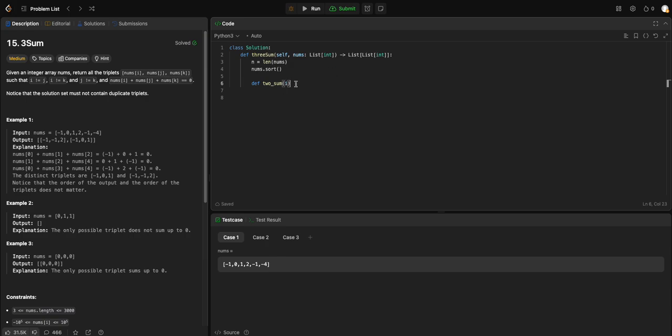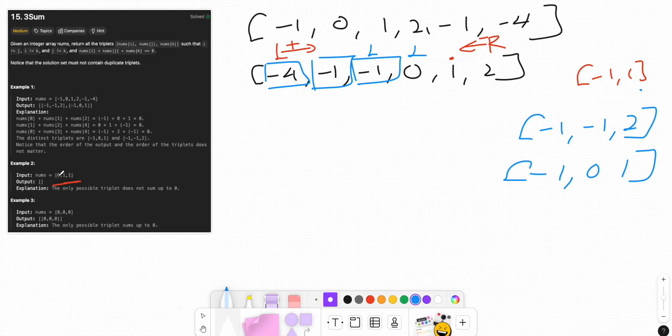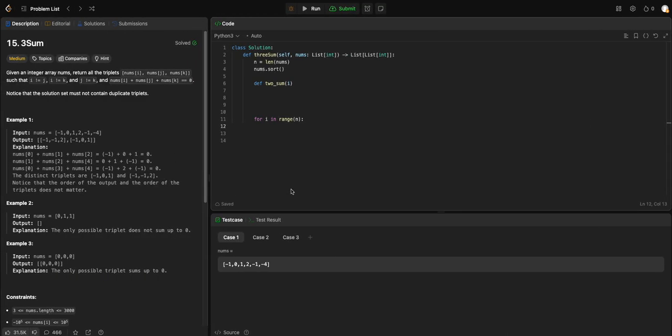Before that, we start with for i in range n, right? We have the first number from the sorted array. If nums[i] is greater than 0, just break, as you see here.